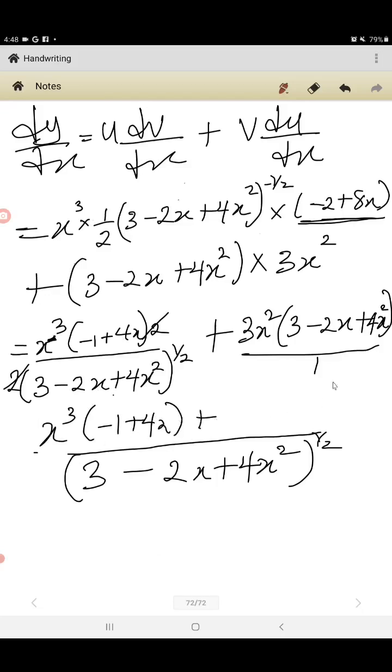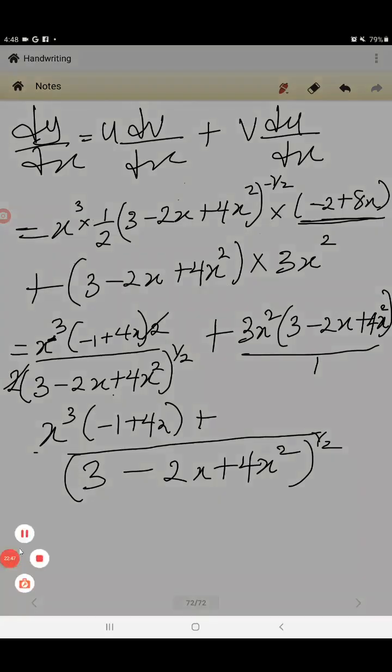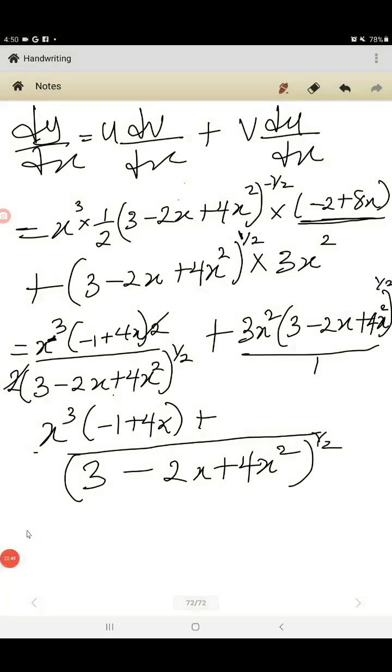Now plus. By the time this multiplies this, there is a half here, there is a half here. It's as if you just have to multiply like a raised to power half times a raised to power half. It will give you a. That's what I want to do.